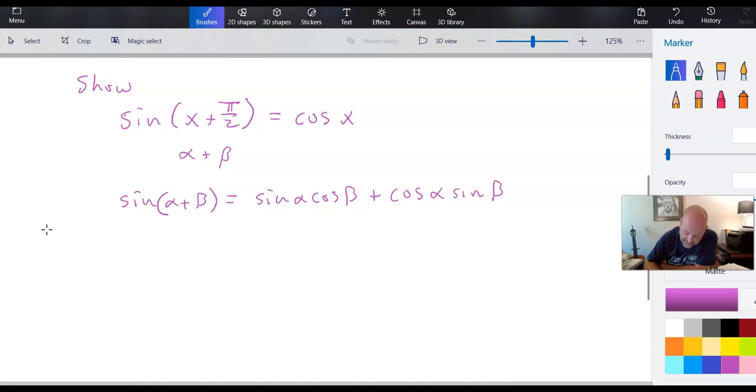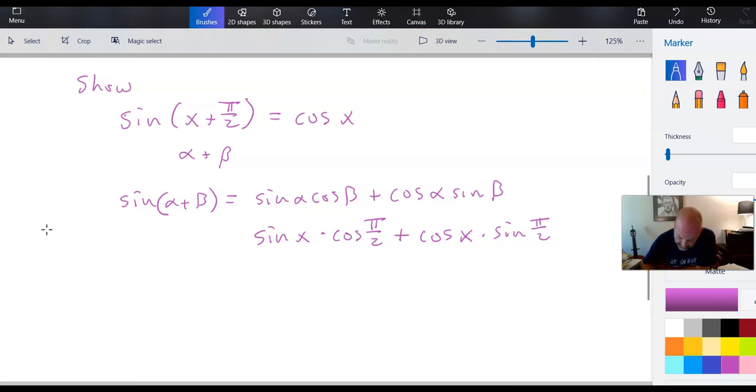So let's plug everything in. So this would be sine x times cosine pi over 2 plus cosine x times sine pi over 2.